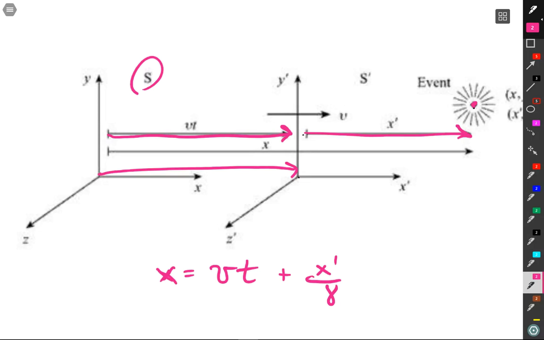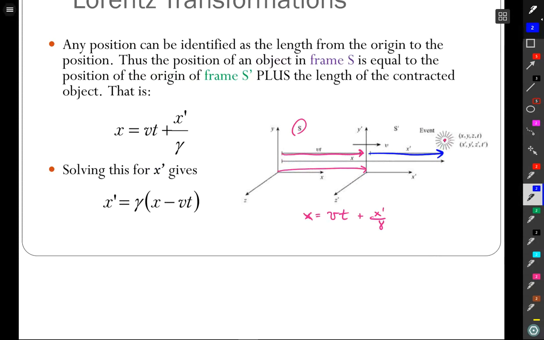As I say primed frame and unprimed frame, it starts to get muddled in my head. I should have color coordinated these. So we have to take the contracted blue length to get what it's going to be in the magenta reference frame. So, of course, I had that equation right there.